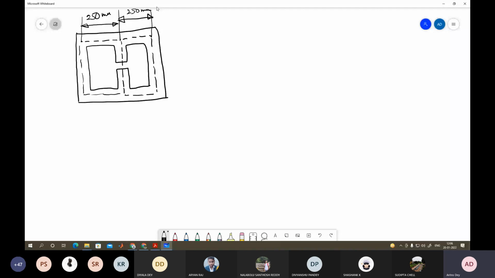So you get your mean length. If we take only this part, it is 250, 250, 250, because this is also 250, right?